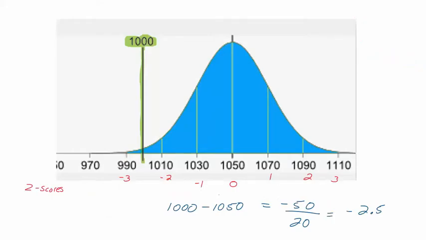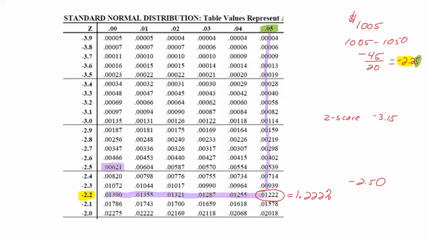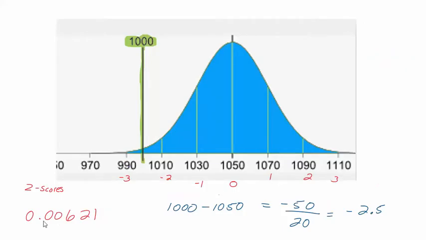So ours is 0.00621. As a percent, I'd move the decimal 2 places, and it's still less than 1%. It's about 0.6%. So what it's saying is this area to the left of 1,000 is not even 1% of the people. So less than 1% of the people make less than $1,000.